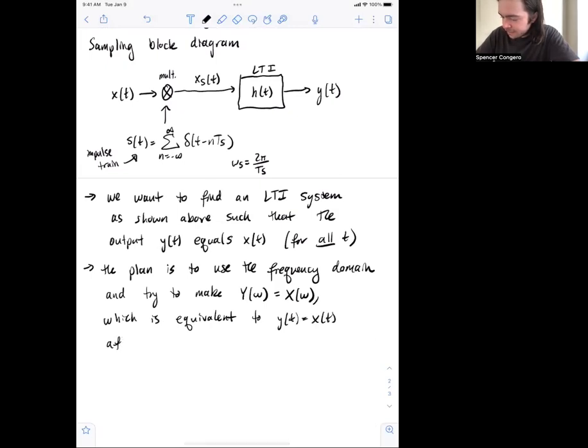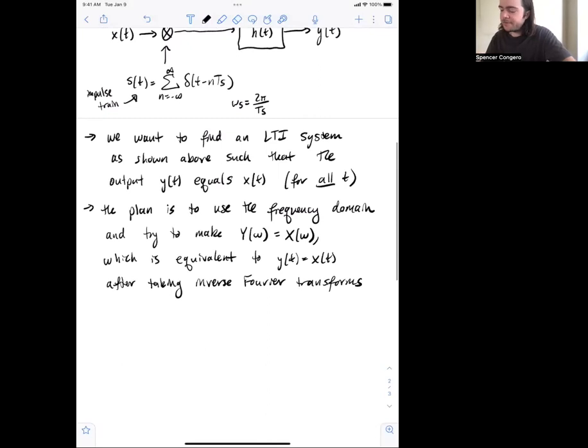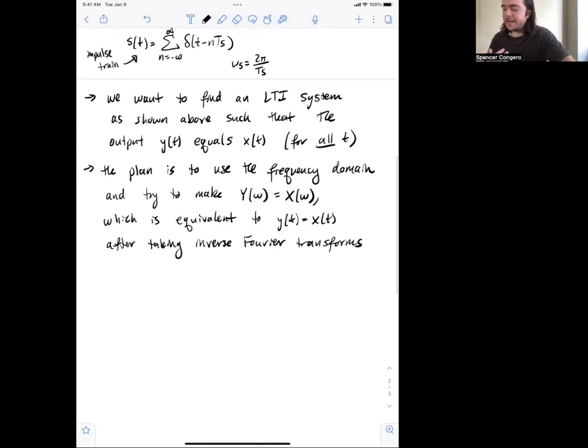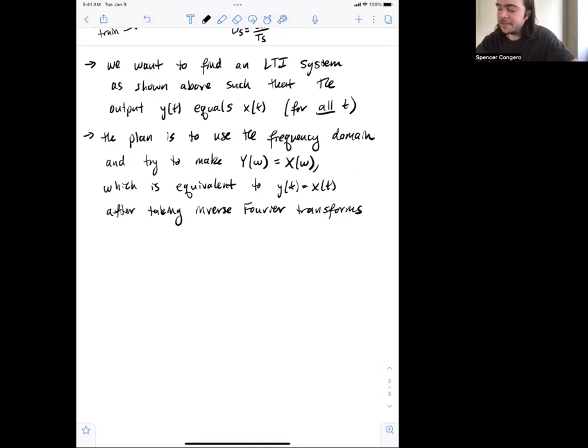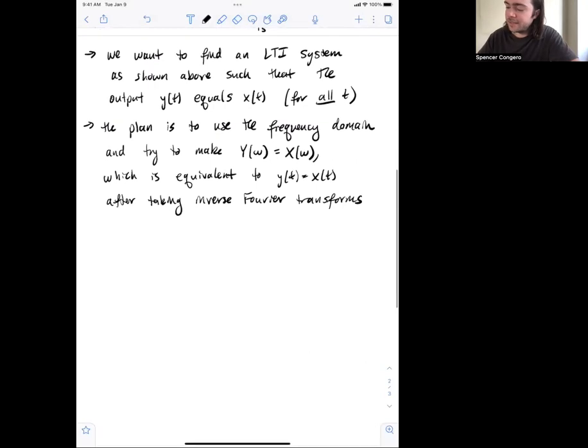And that's just after taking inverse Fourier transforms, of course. Okay, so that's our plan. We want to take y of omega and somehow create x of omega out of it by passing it through an LTI system. And then, of course, from that, taking inverse Fourier transforms, we would get what we wanted, that y of t equals x of t.